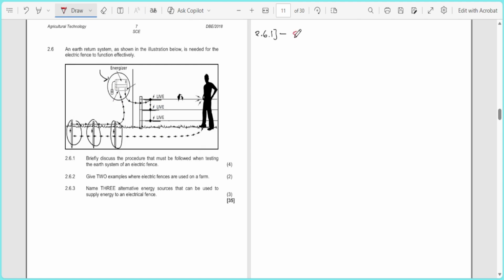Number one, we need to short the live line to the ground, as they did here. This will create a control circuit to test the earth performance. This is crucial. This is very, very important.